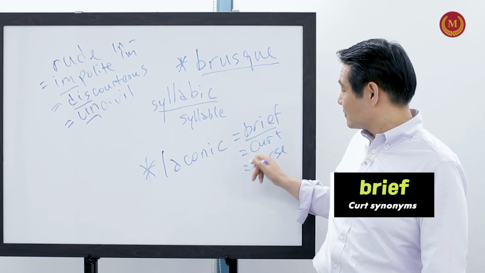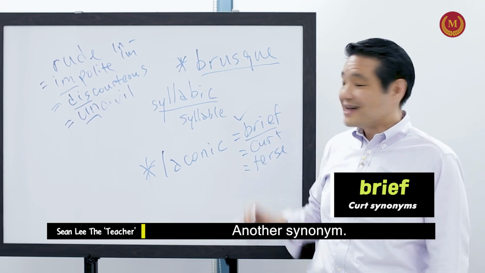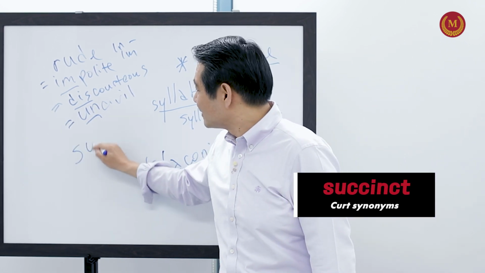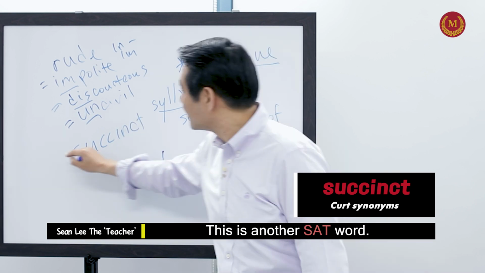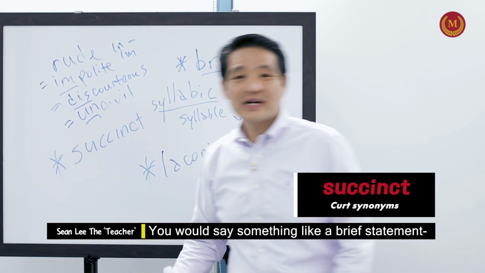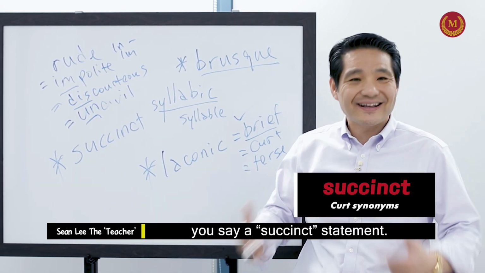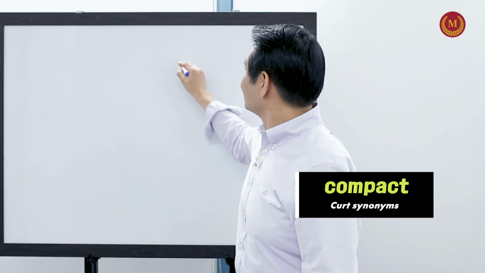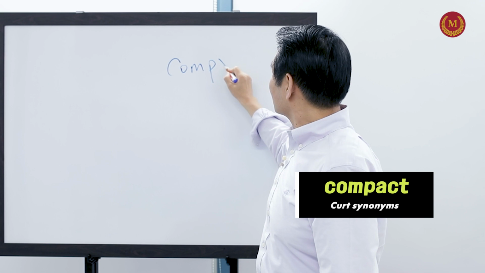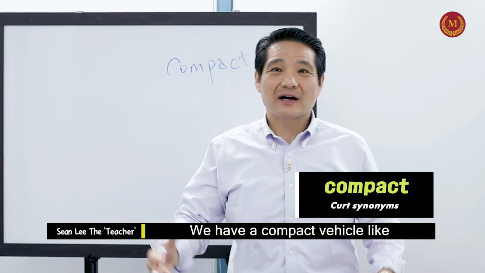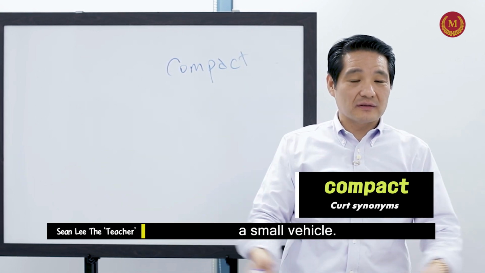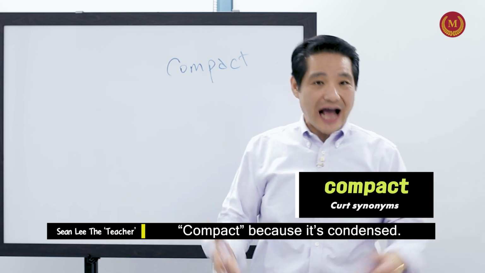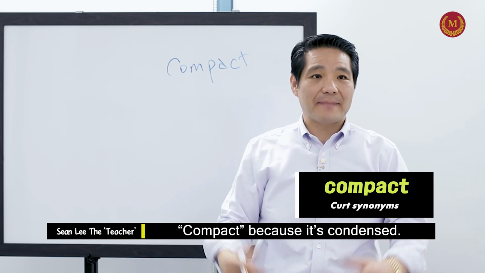Then we have another synonym, succinct. This is another SAT word. You would say something like a brief statement, or a succinct statement. Succinct. SAT. Compact. Well, we have a compact vehicle, right? Like a small size vehicle, compact because it's condensed.